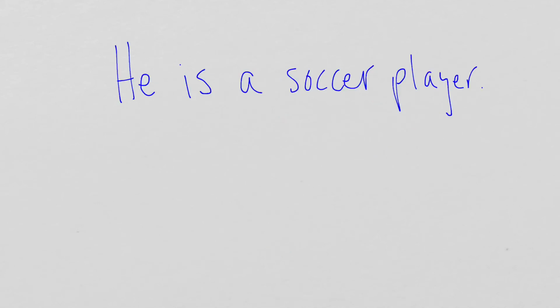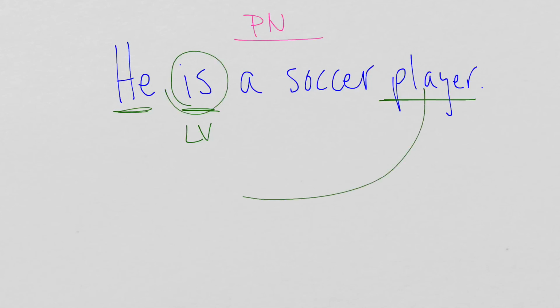All right, now let's try to find the predicate noun. So we're going to find the subject. Then we're going to find the verb. We recognize that it's a linking verb. And then we're going to look at the rest of the sentence. And we'll see here that we have a noun that follows the linking verb that renames the subject.